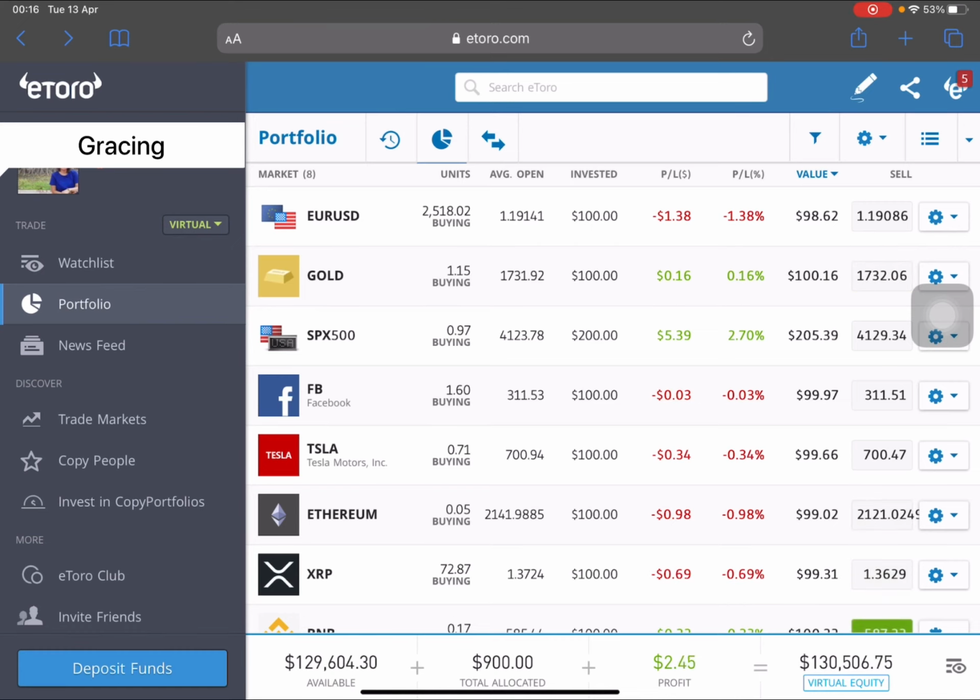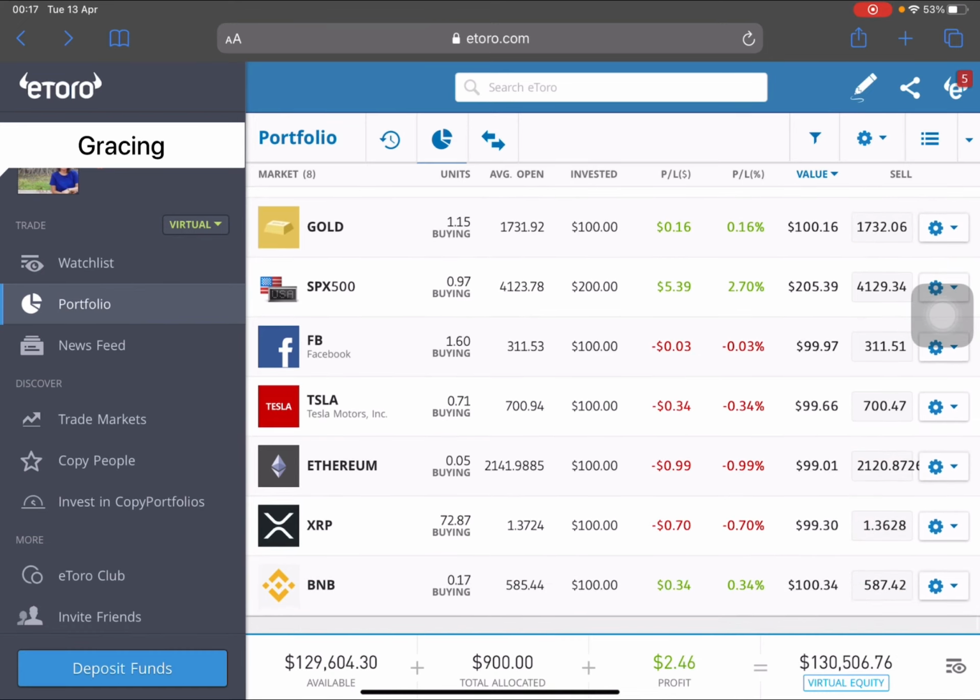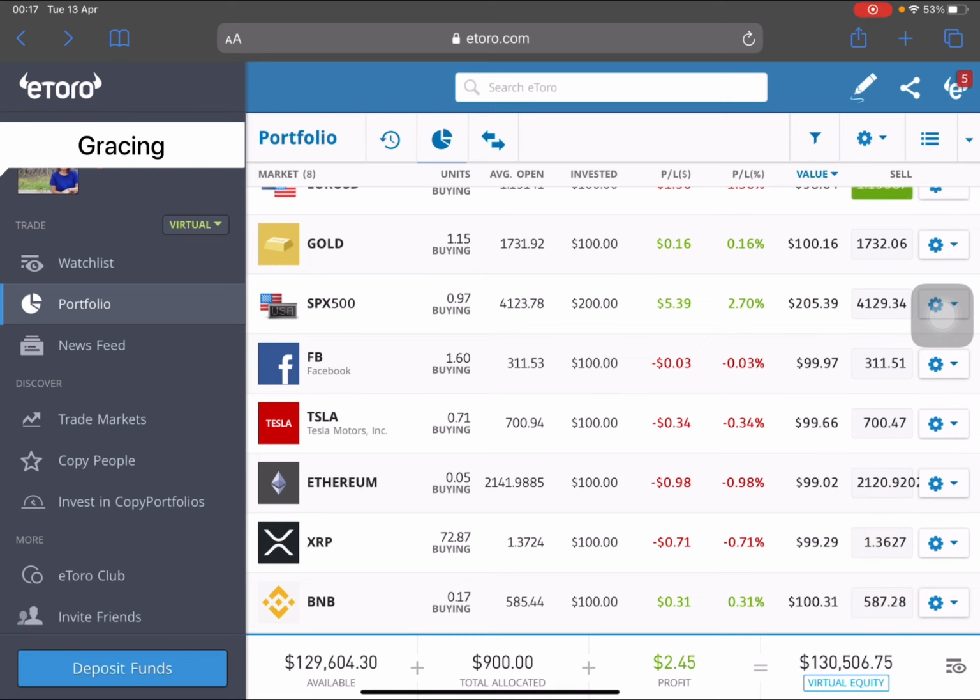But I would suggest that you download the mobile app so that it's easier for you to do the trading using mobile data, because as you can see, we cannot rely on the internet connection here at our work because it's so slow and it will sabotage your trading. So just buy data.